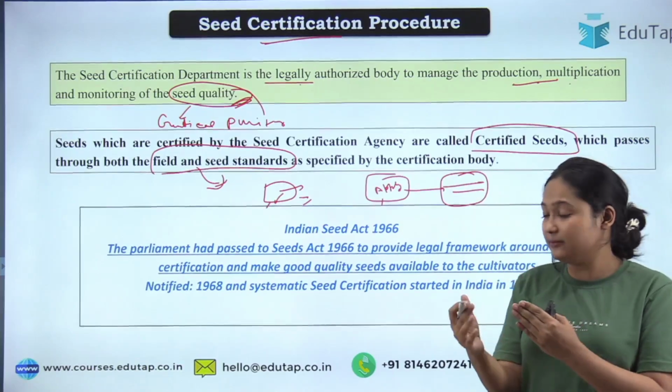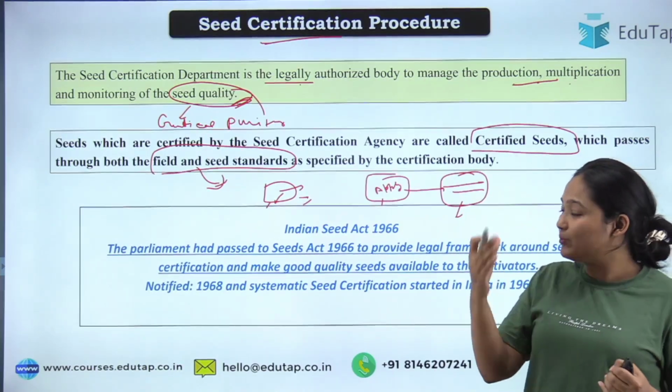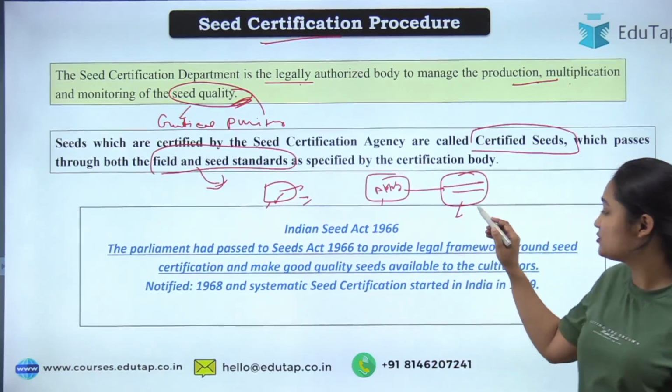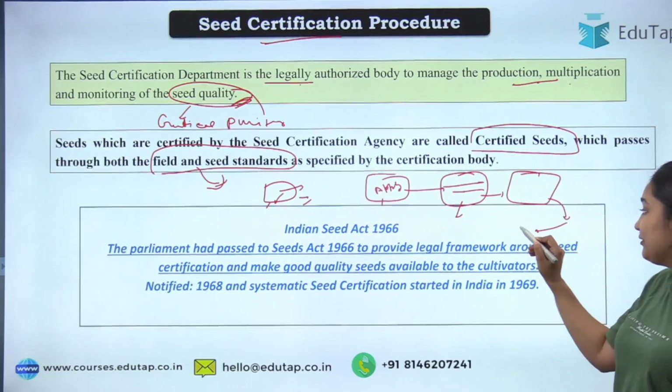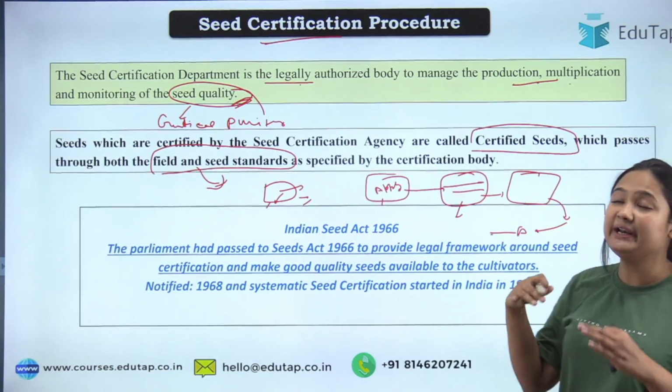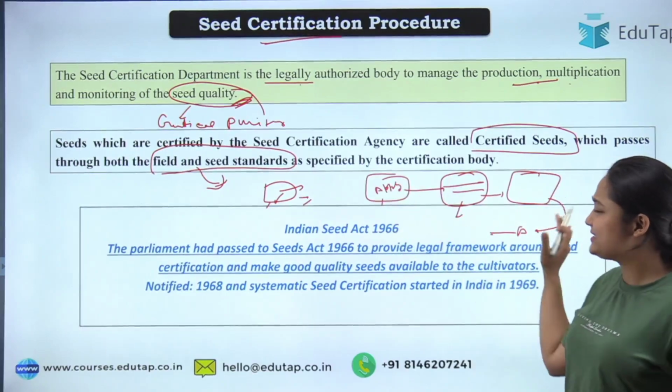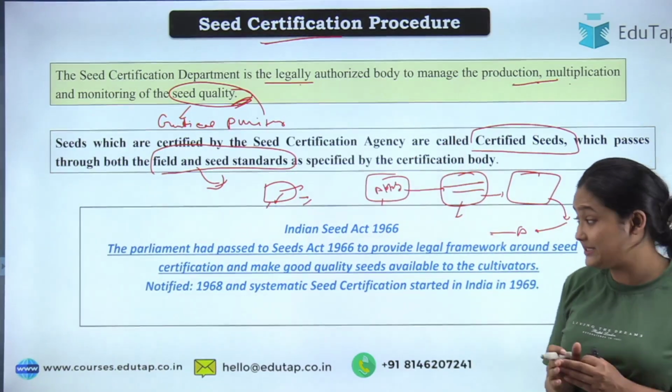You'll tell all the data, how much seed you have used. After that, inspection will be done, your seeds will be collected, analyzed, and then tagged. So these are the easy steps for seed certification.